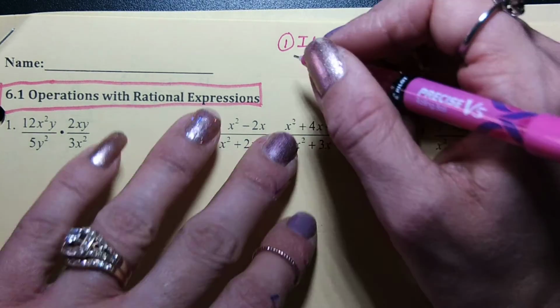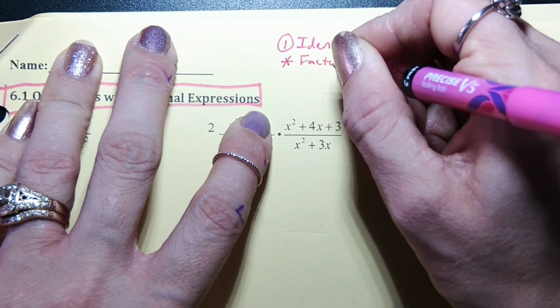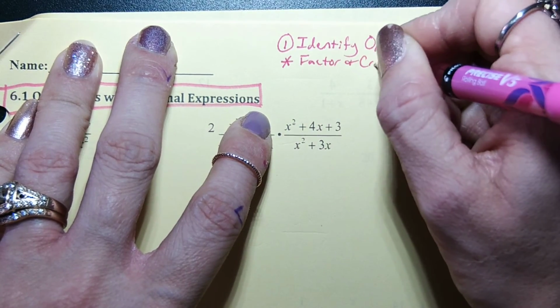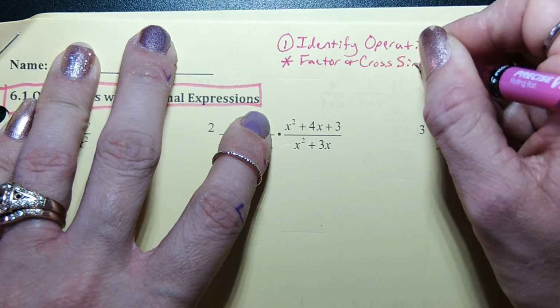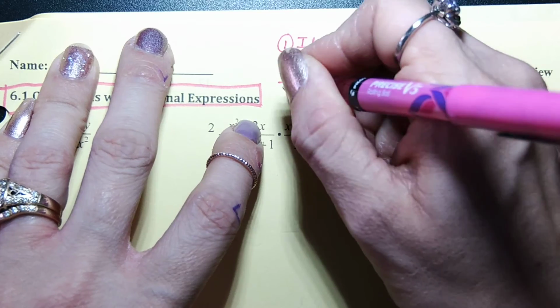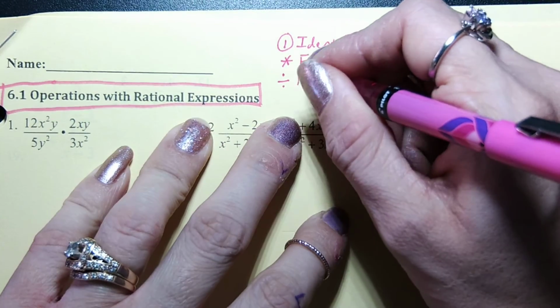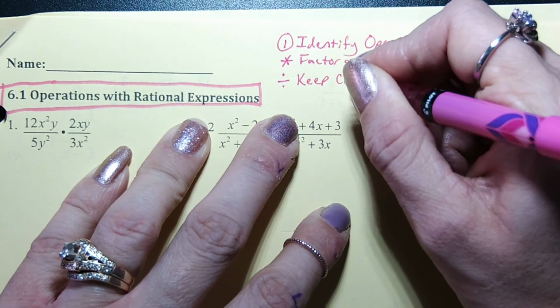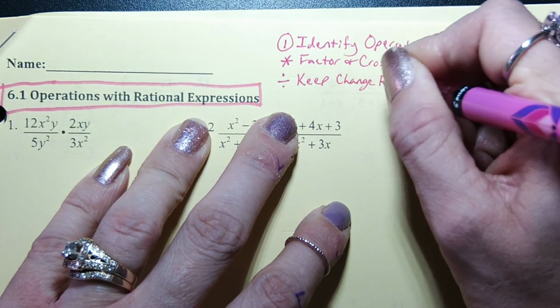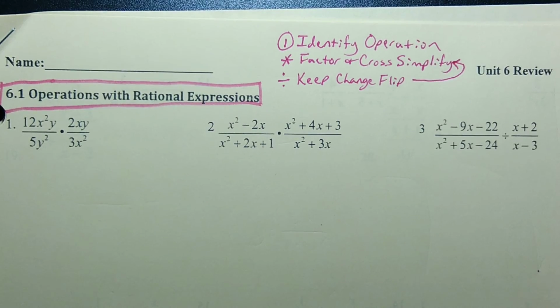Multiplication for sure. Multiplication, it's pretty much just factor and cross off. Factor and cross simplify. What's tricky about division? Do we actually divide rational expressions? Keep, change, flip. And then, once it's multiplication, we factor and simplify.